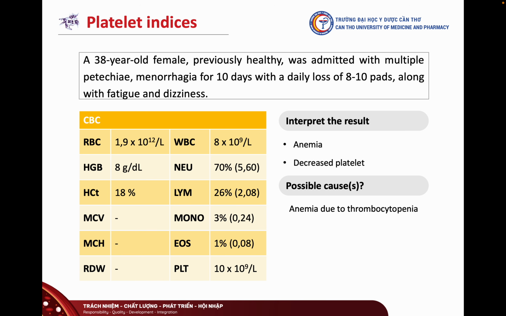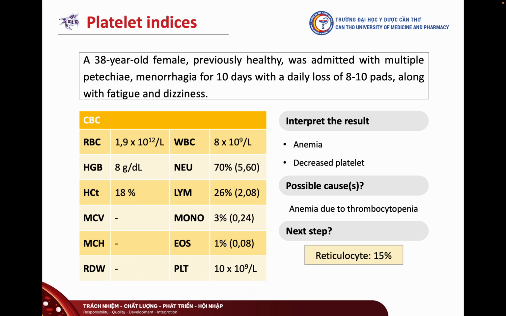We should check the reticulocyte count to assess the bone marrow's response, and here is the key finding. The reticulocyte count is 15%, which is clearly elevated. This tells us that the bone marrow is functioning well. It is trying to compensate for the blood loss by producing new red cells.